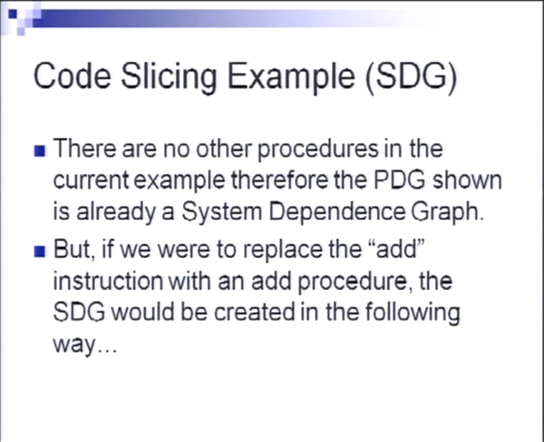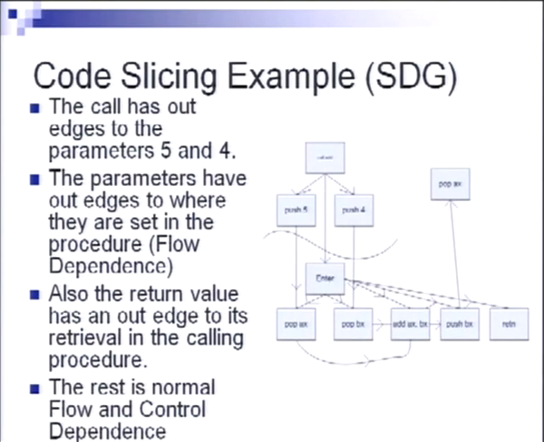But if we replace add with a function procedure, then the SDG would be created as follows. The call has directed edges to enter, push, and push, right? Because those are your parameters passed when you're using assembly.